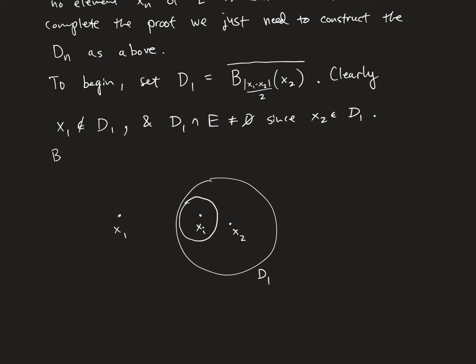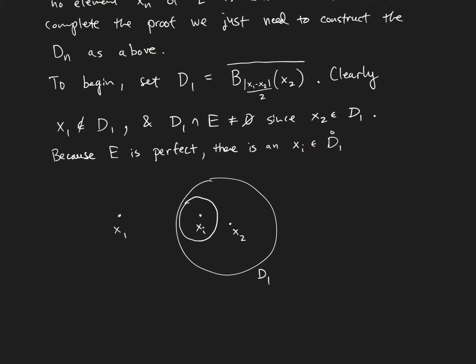So because E is perfect, there is an xi in the interior of D1. Okay, so that would just be the open ball, with the closure removed here.